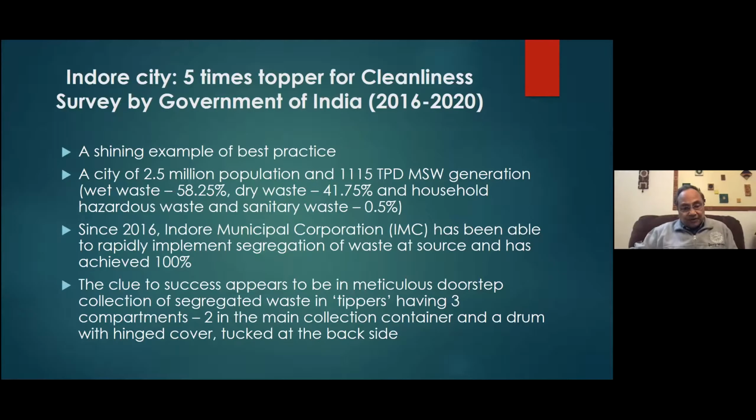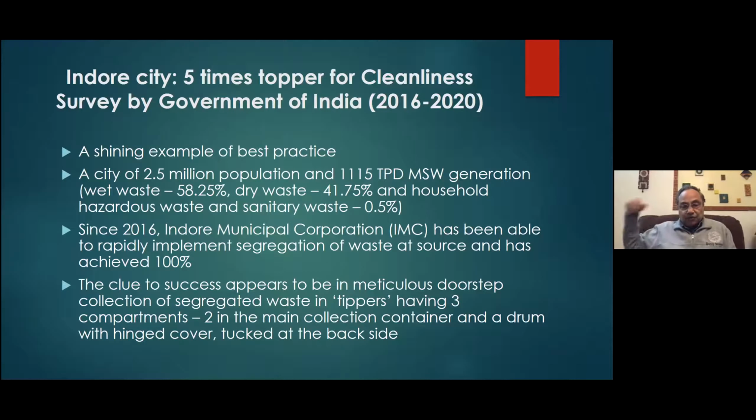The clue to success appears to be meticulous doorstep collection. The door-to-door collection has been achieved in a meticulous manner. The segregated waste is put in tippers having three compartments: two in the main collection container and a drum with a hinged cover tucked at the backside.